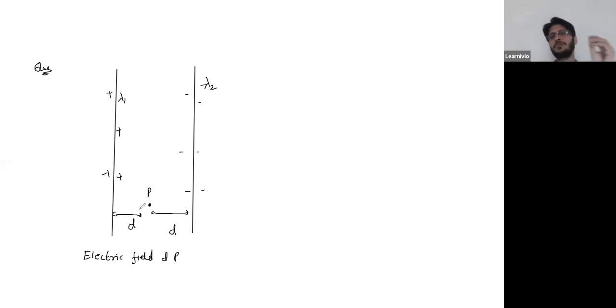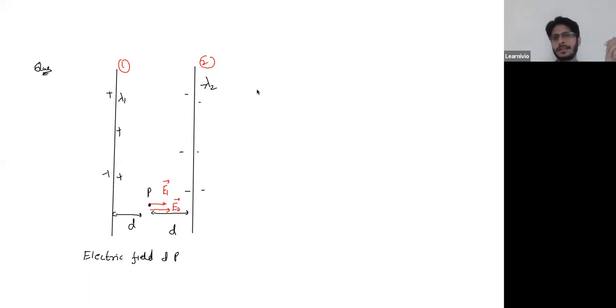So at P, both the wires will generate an electric field. First of all, we take the direction of fields at P due to both the wires. The first wire is positive. Let's call this wire number 1 and this wire number 2. The direction of field due to wire 1 is simply away from the wire, that's E1. Due to the second wire, the direction of the field is towards the wire, that's E2.